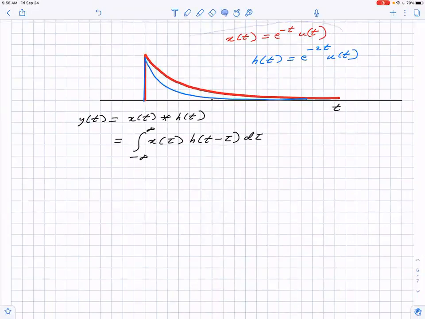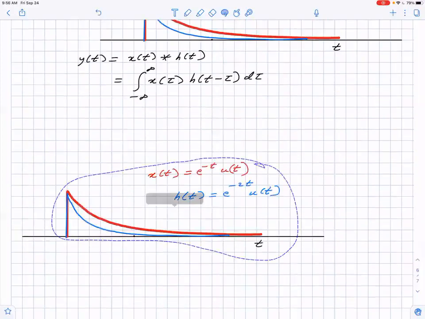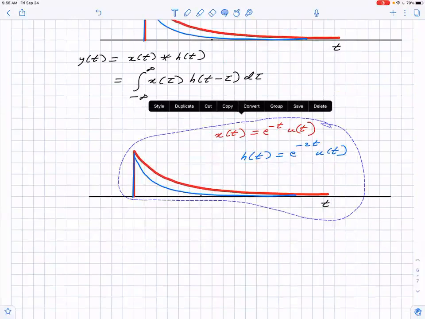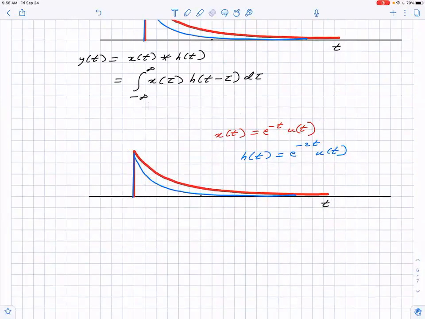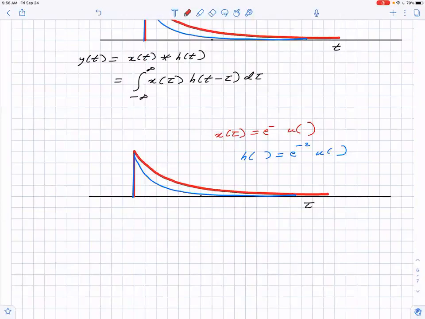So what we're going to do is redraw the graph so that the independent variable is tau. So we're going to replace all t's by tau. That's the first step we do.